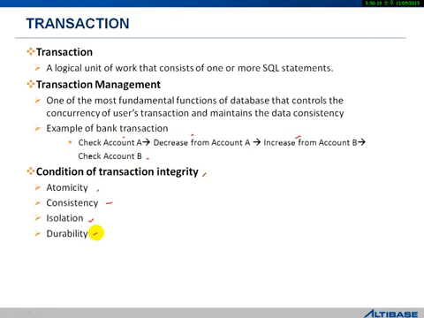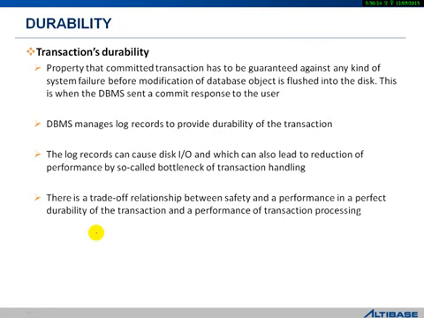What I'm going to talk about today is how ALTIBASE HDB guarantees durability when managing transactions. Like I said, durability of a transaction is the property that when a transaction finishes executing, the contents have to be available to the user in any kind of situation.